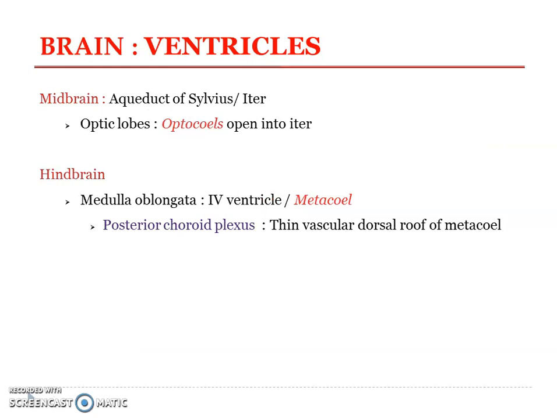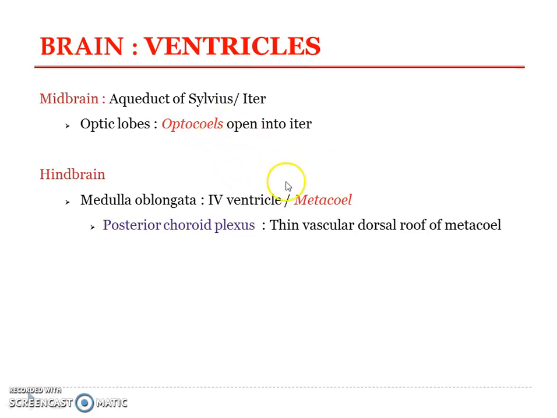Now the next one we have is the optocele. The optocele is the ventricle inside the optic lobes. Again, a pair of optic lobes, so two optoceles are there, and they open into the iter, otherwise known as the aqueduct of Sylvius. Extending between the diencephalon and the ventricle in the medulla oblongata, you can see the aqueduct of Sylvius.